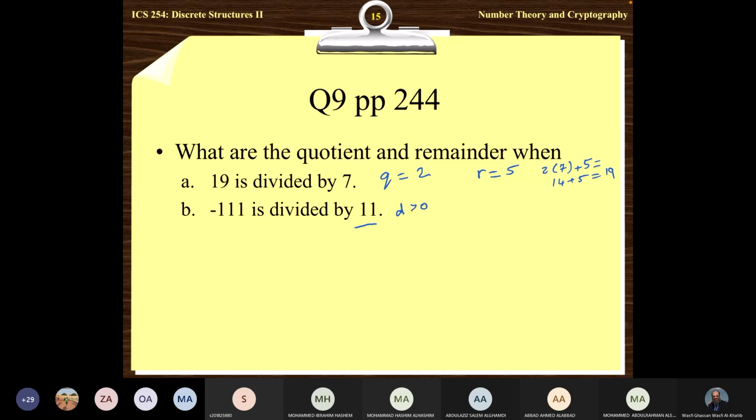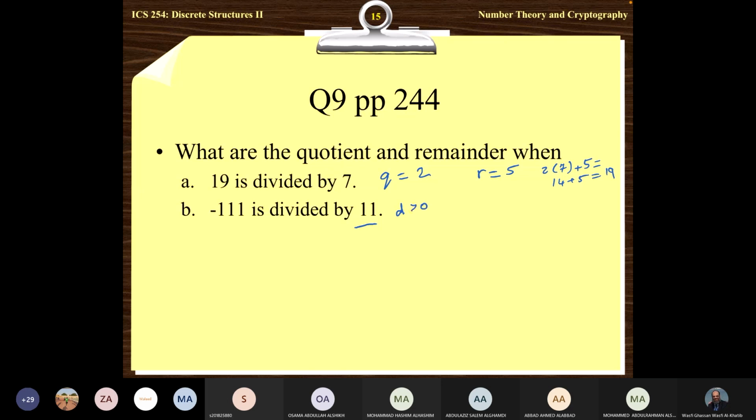So what's wrong with the answer minus 10 and minus 1? R cannot be less than 0.